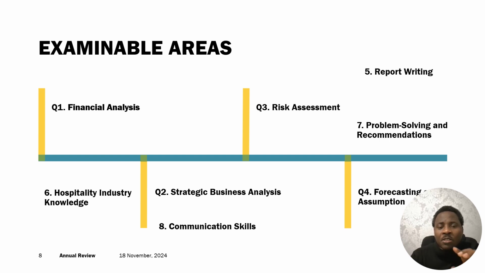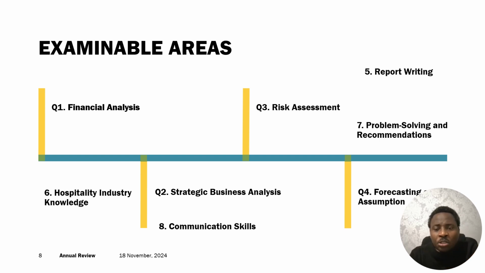Let's quickly talk about problem solving. In problem solving, questions may arise and you need to demonstrate ability to develop actionable recommendations based on your financial and operational analysis. You need to be able to justify your proposal in light of the industry and evidence you've gathered.